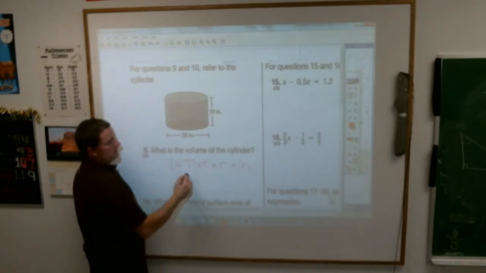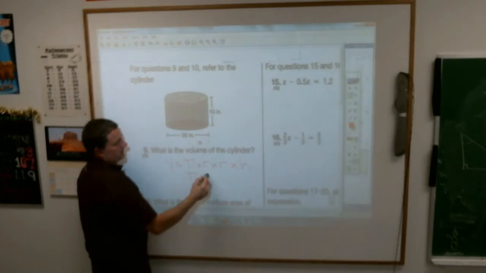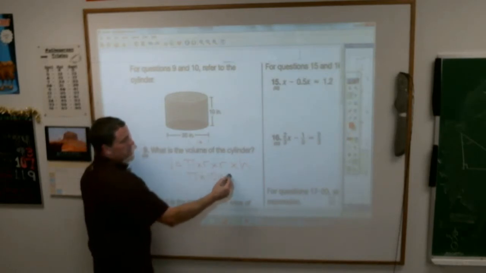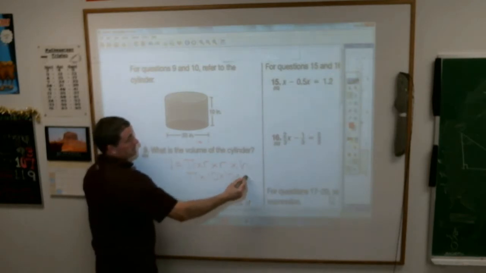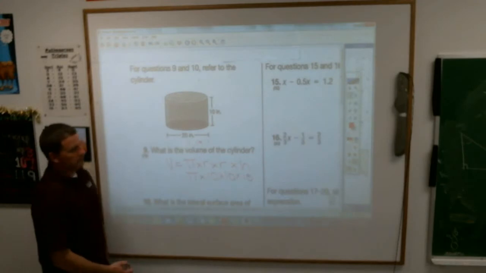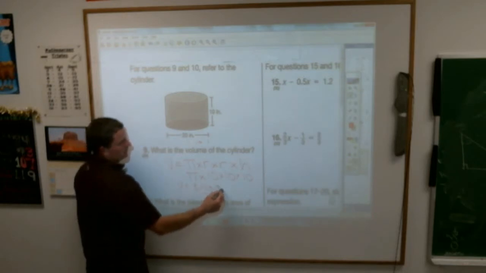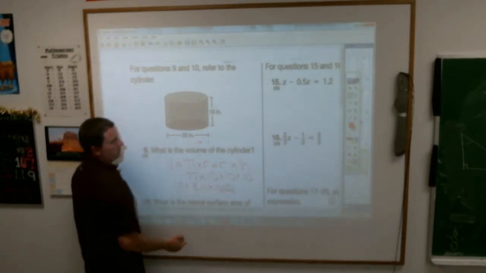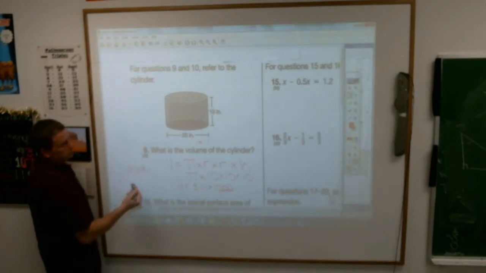So it's pi times the radius, 10, times 10, times the height of 10. It doesn't get much easier than that, because pi is 3.14 times 10 times 10 times 10, which is 1,000. Move the decimal 3 places, and it is 3,140 inches cubed.